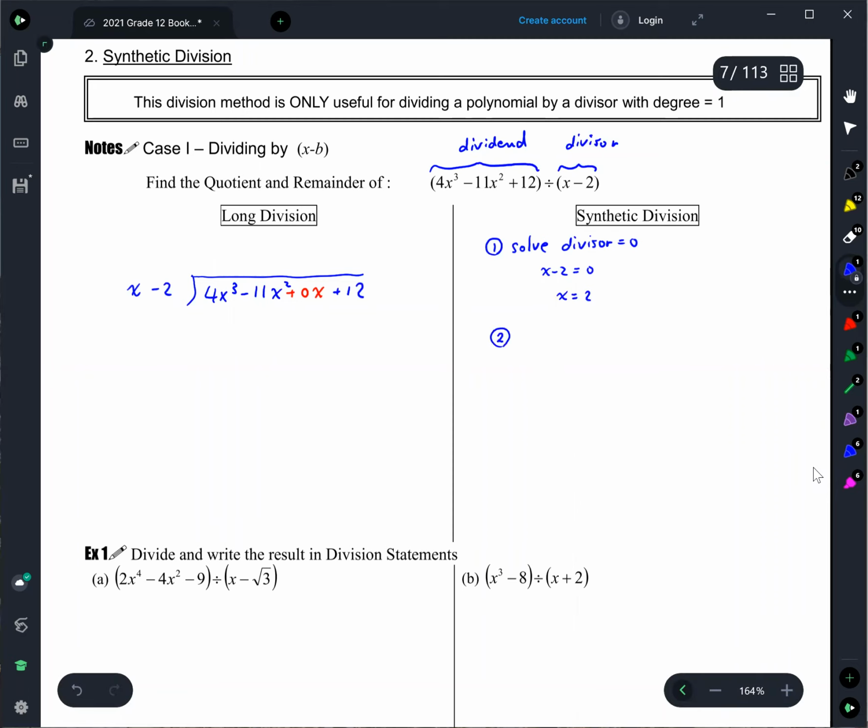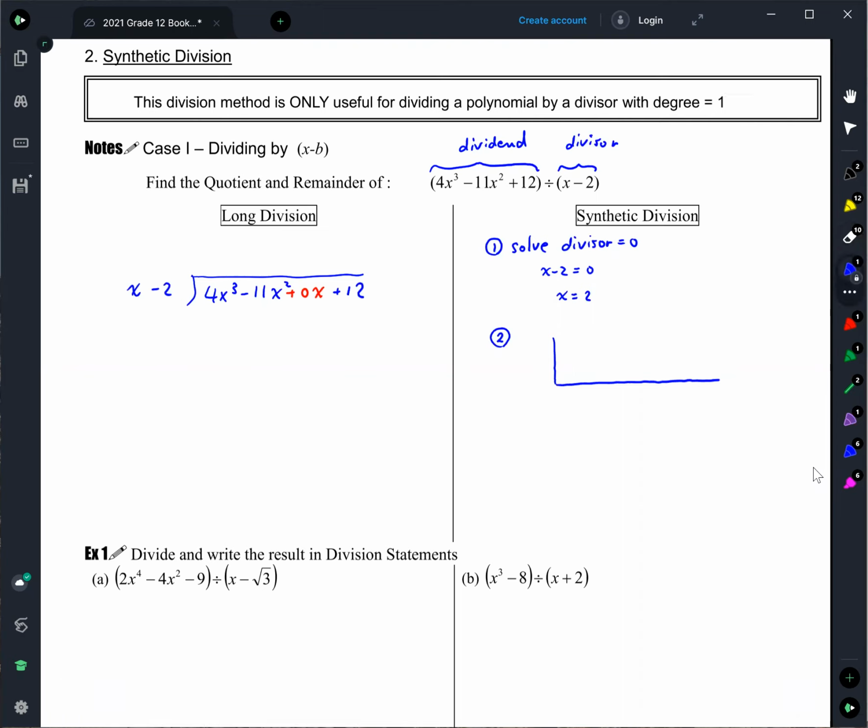And then you draw a box, or a half box, okay, like this, with enough height to fit 2 rows. And then your divisor, the value that you solved, you put it on the left side. Inside, you will put the dividend, right?